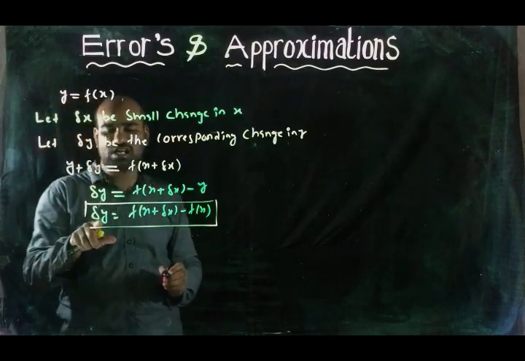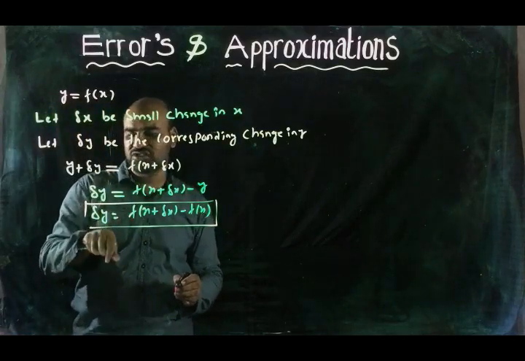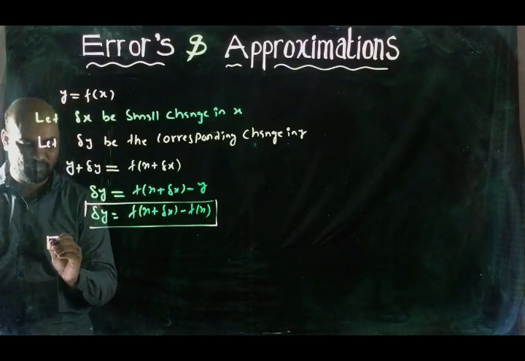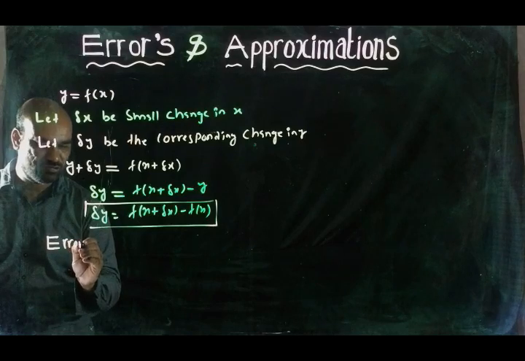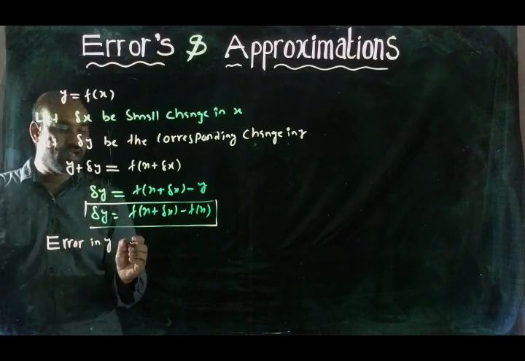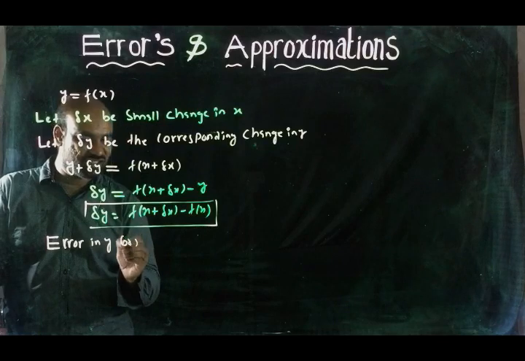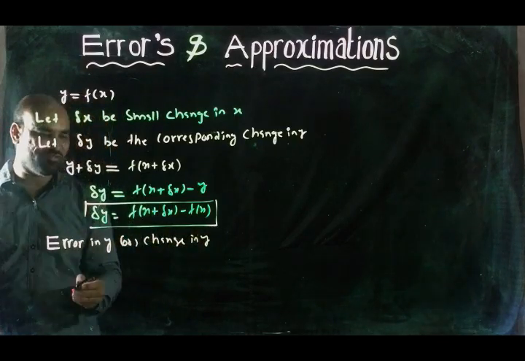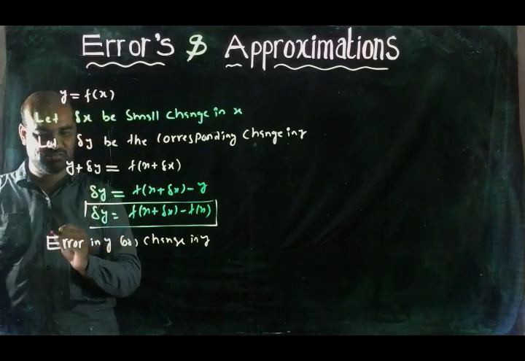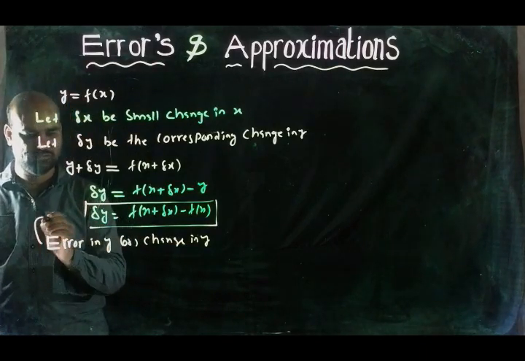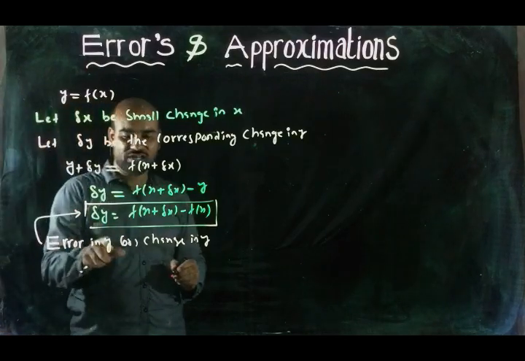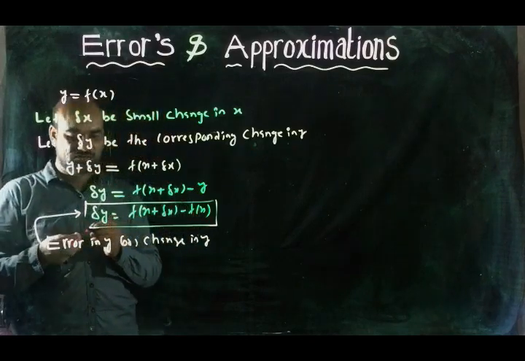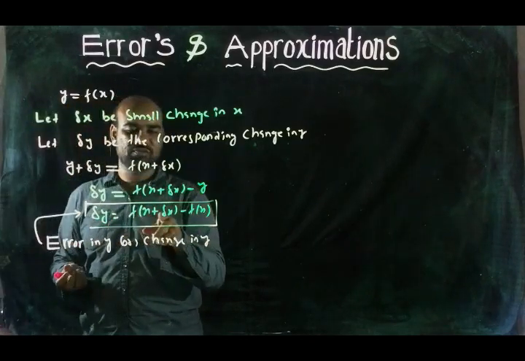In this chapter, delta y stands for error in y or change in y. Actually it's absolute change in y. Error in y or change in y or absolute change in y is equal to delta y, that is equal to f of x plus delta x minus f of x.